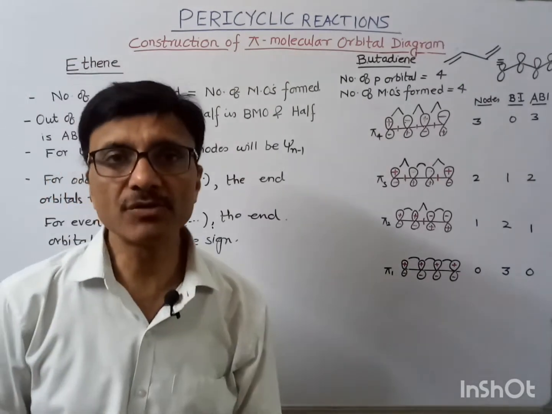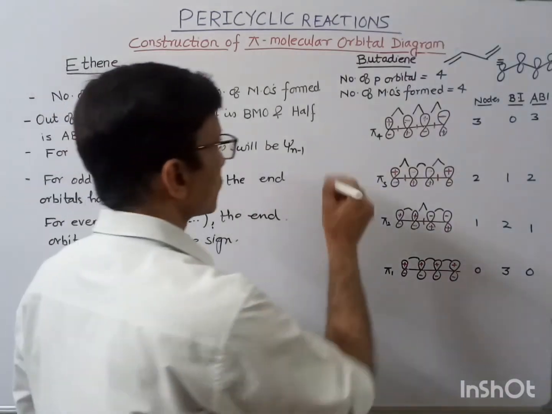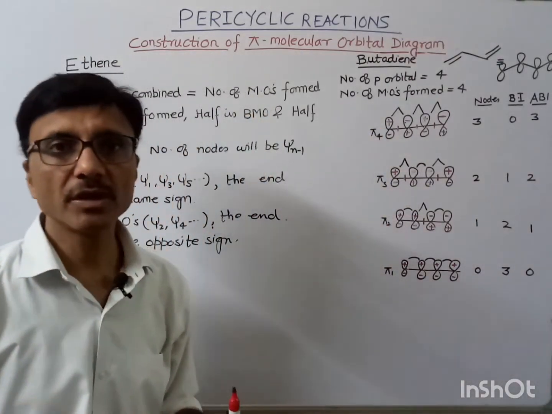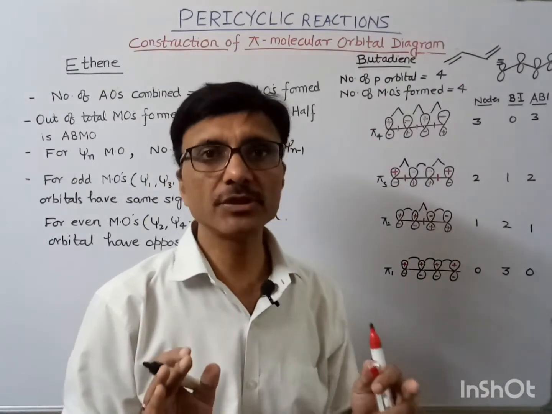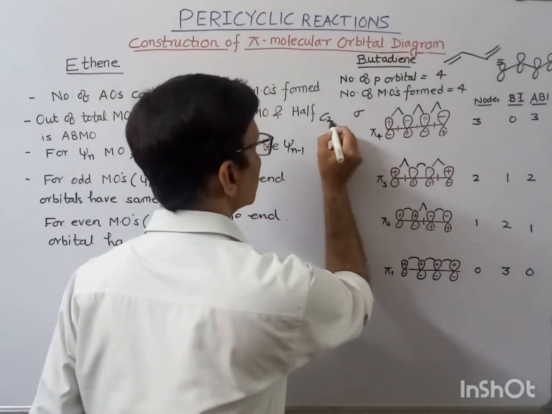Now if you see the symmetry, how can we write the symmetry for it? We are concerned with two symmetry elements: the mirror plane symmetry and C2 symmetry.